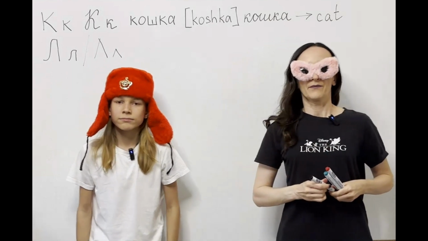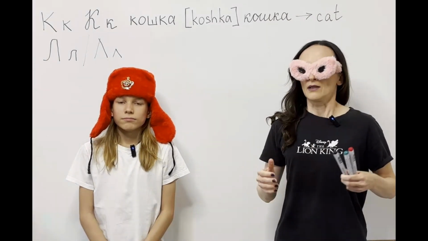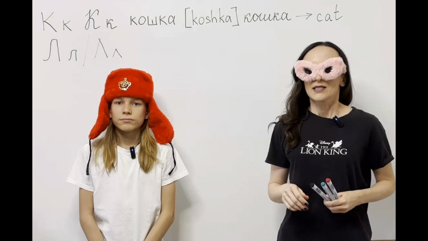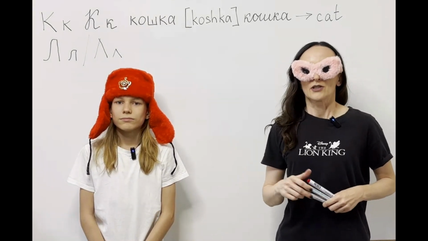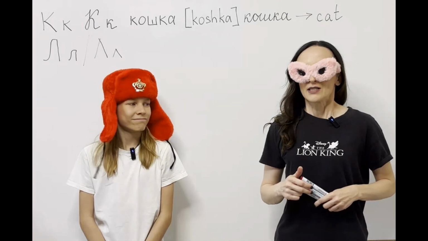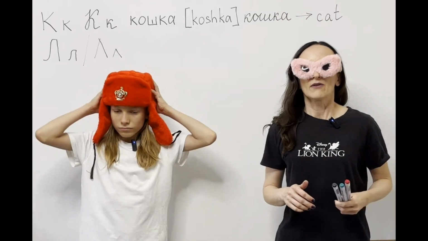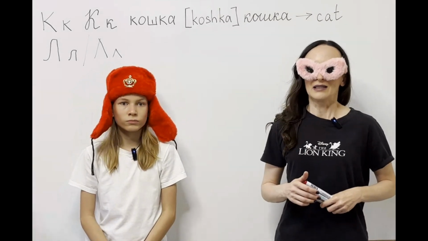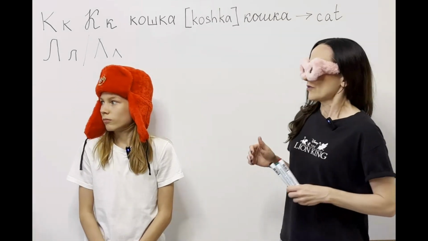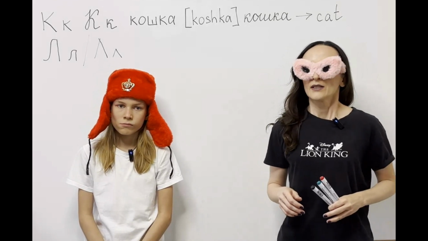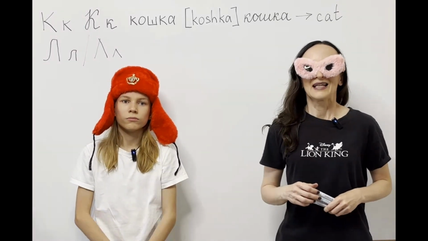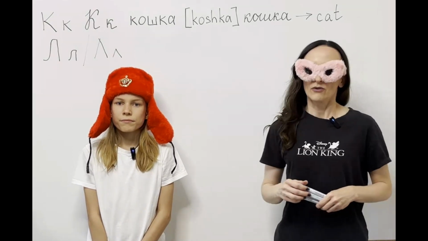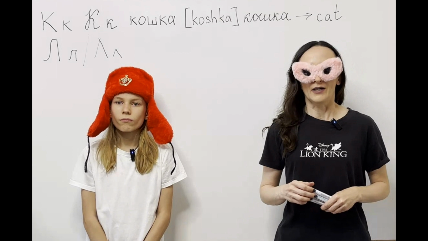I have to say that in our language, this sound, L, is different from the English L, because it's, I would say, neither that hard nor that soft as the English L. There are situations when we pronounce it like L, super soft, and there are situations when we pronounce it hard.